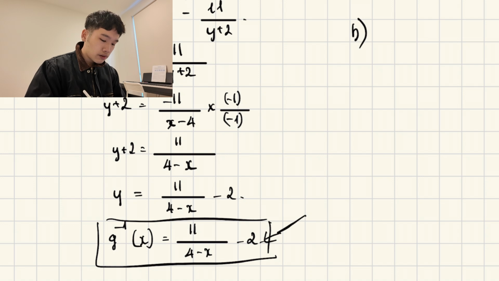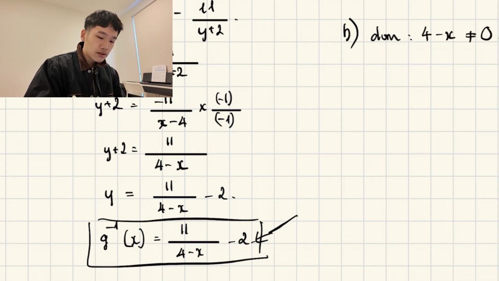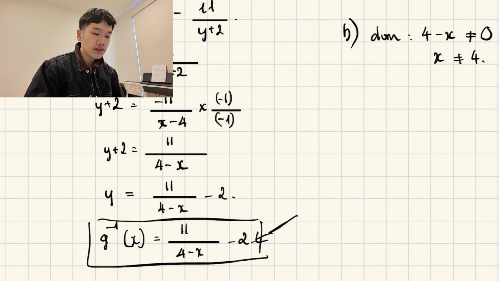So you can see here 4 minus x on the bottom. So you have a over b, then b can't be 0. So you can't divide anything by 0, right? So basically the domain is: 4 minus x can't be 0, and then x can't be 4, because obviously you don't want to divide anything by 0.